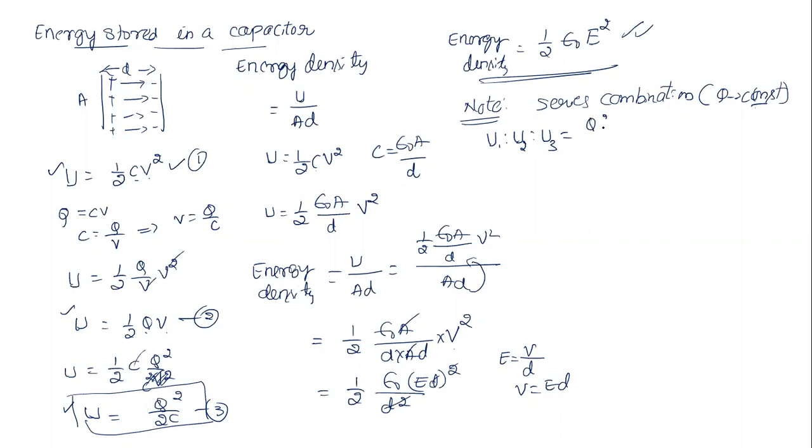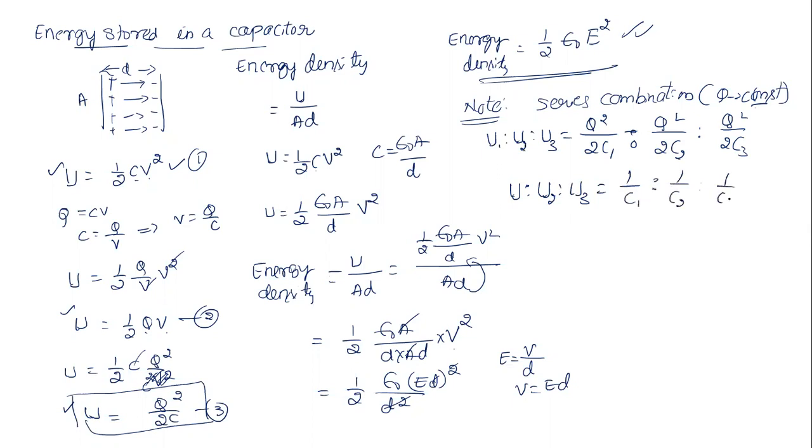I can say Q square by 2C1 ratio Q square by 2C2 ratio Q square by 2C3. Of course here C1, C2, C3 are different constants. Q is same, 2 is same. I can write U1 ratio U2 ratio U3 as 1 by C1 ratio 1 by C2 ratio 1 by C3. So this formula will help you a lot.